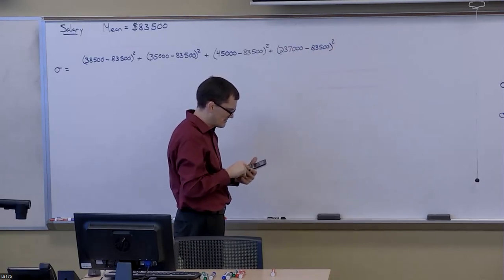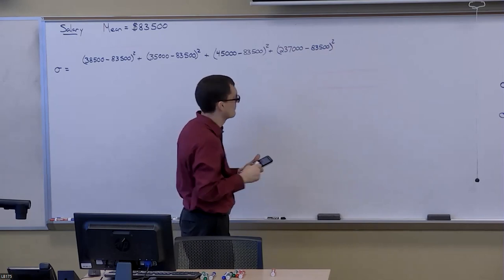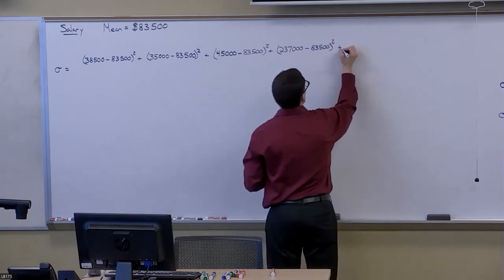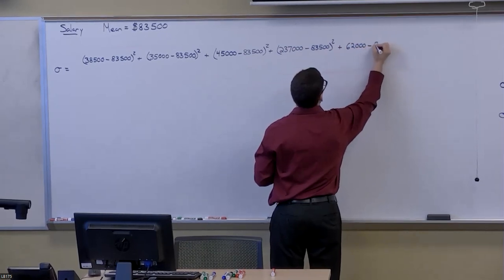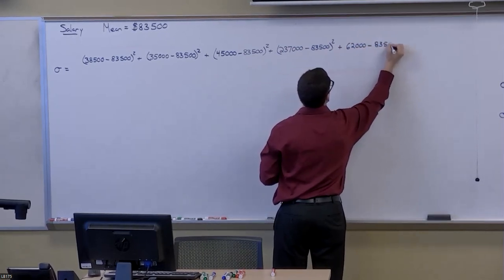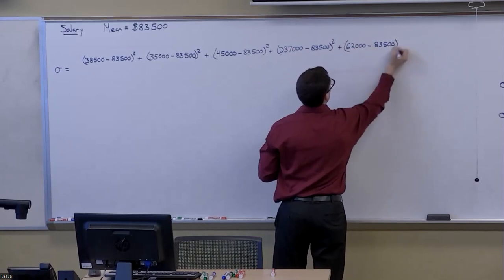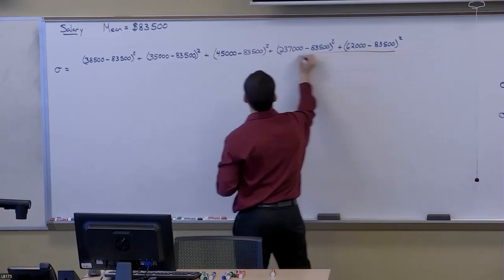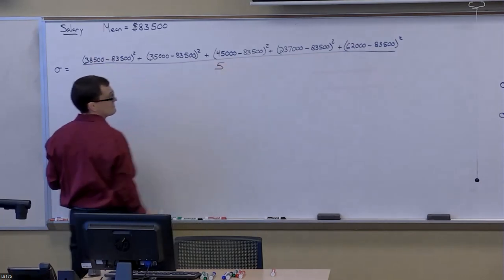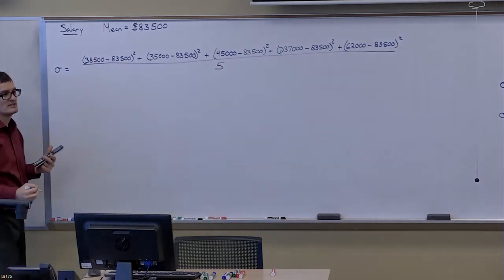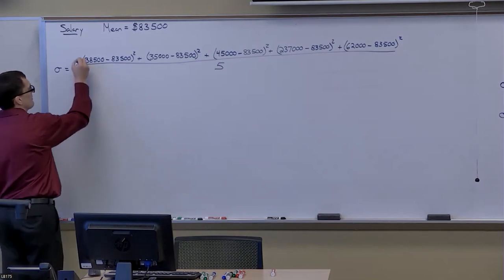And then the last number was 62,000 minus the average. Square that. We divide that whole thing by 5. And then we take the square root of that whole thing.